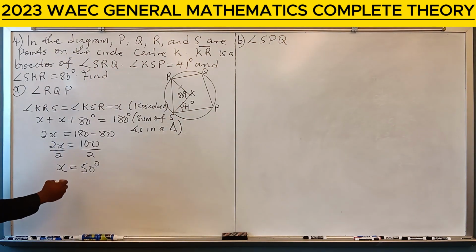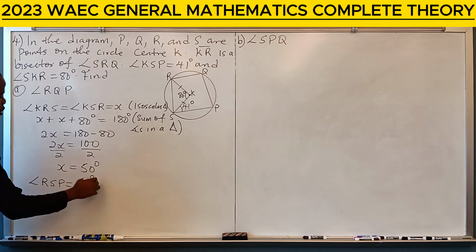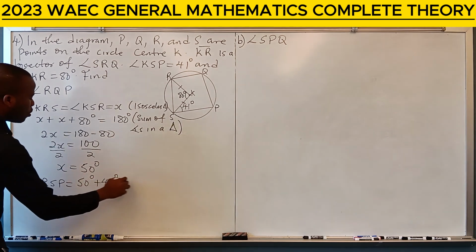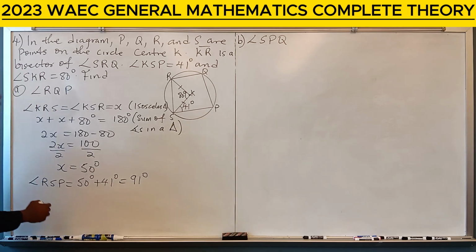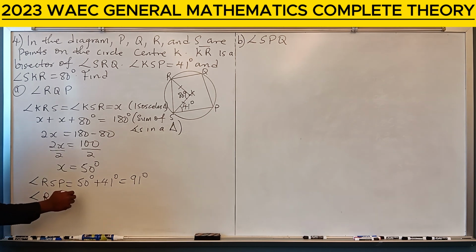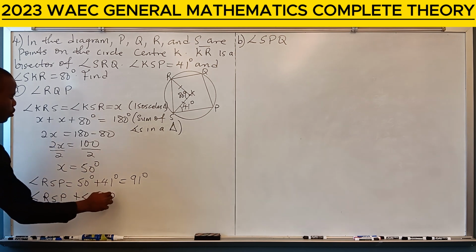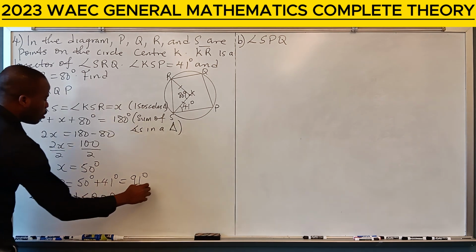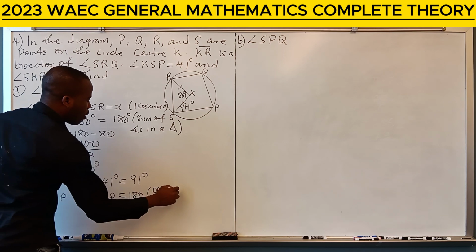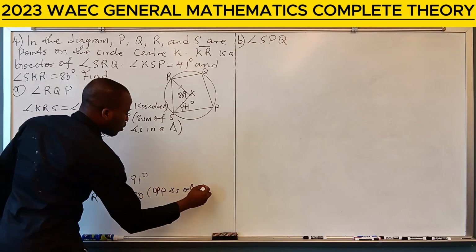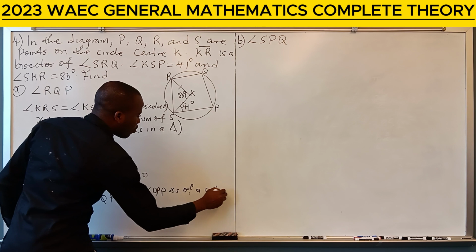So we know that angle RSP is 50 degrees plus 41 degrees, which is 91 degrees. And so angle RSP plus angle RQP equals 180. Opposite angles of a cyclic quadrilateral.